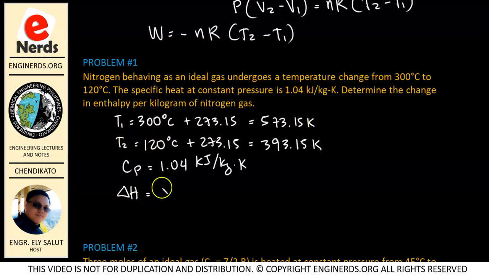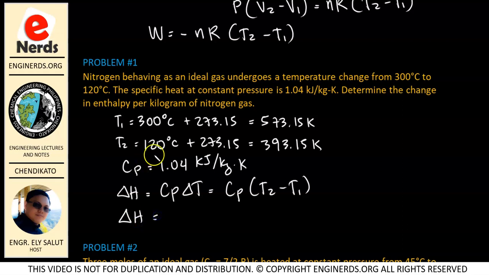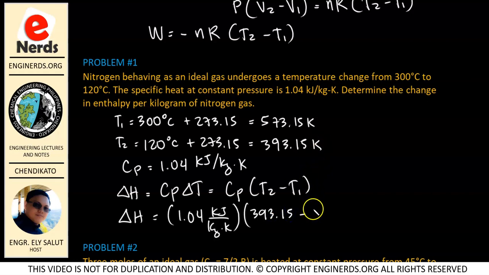So therefore, our delta H will be Cp delta T, or Cp times (T2 minus T1). So our delta H is equal to our Cp, which is 1.04 kilojoules per kilogram Kelvin, times our temperature. Our T2 is 393.15 minus our T1, which is 573.15, and this is in Kelvin.